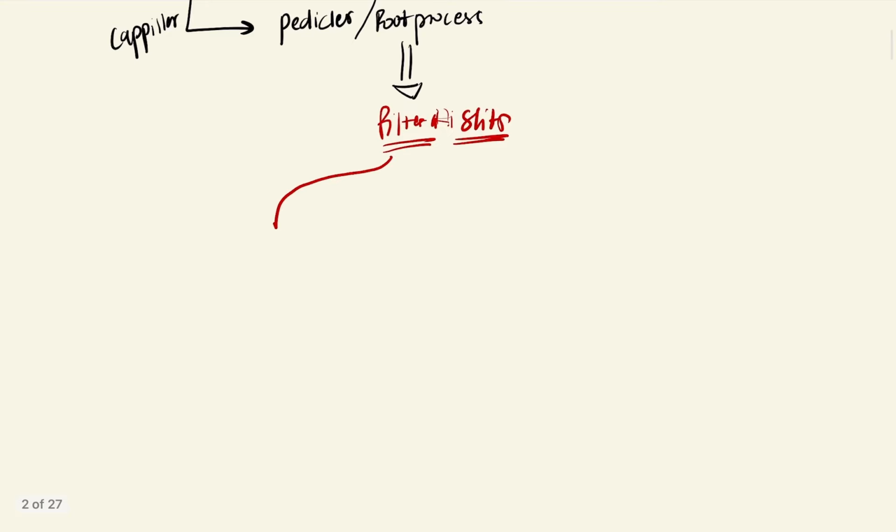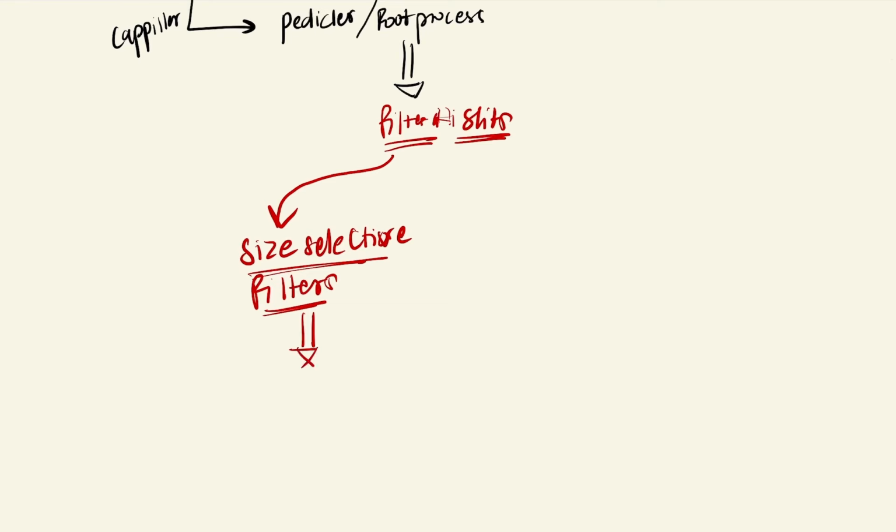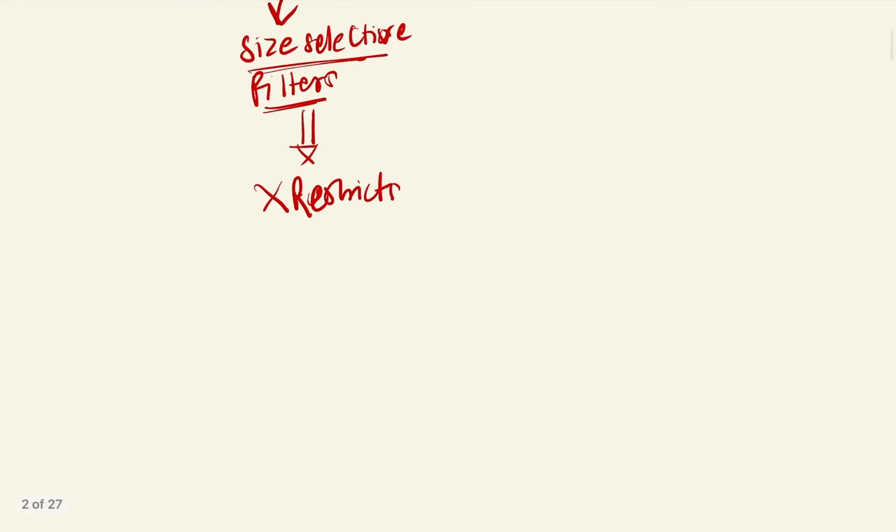These filtration slits have size selective barriers, size selective filters. And what do you think these size selective filters would be doing? These basically restrict the movement of solute and solvent, right?